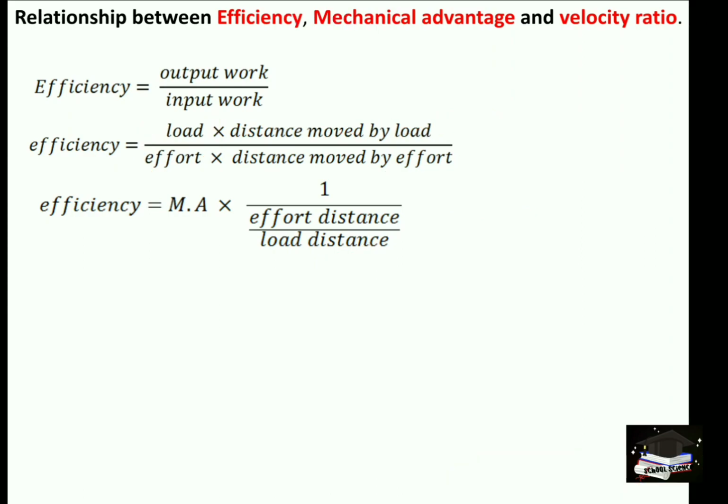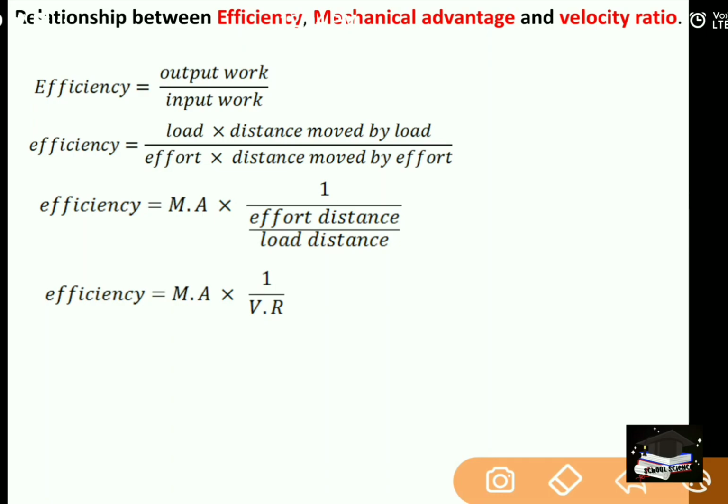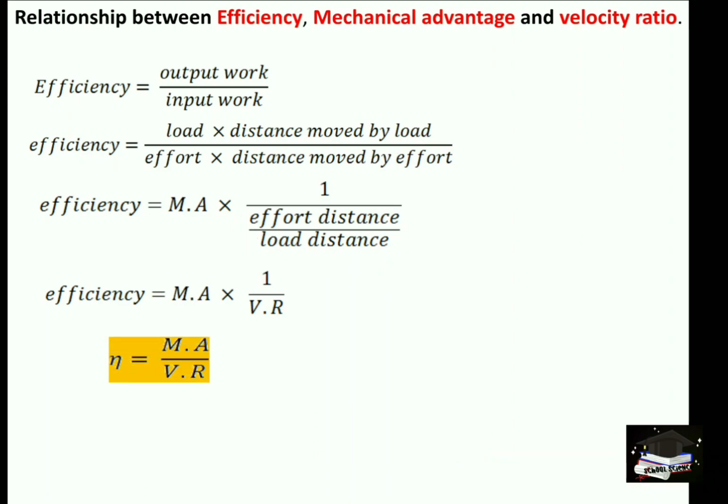But what is distance moved by effort by distance moved by load? It is called velocity ratio. In the denominator, effort distance by load distance gives us velocity ratio, and mechanical advantage is already there. So our final answer will be efficiency equals mechanical advantage by velocity ratio.